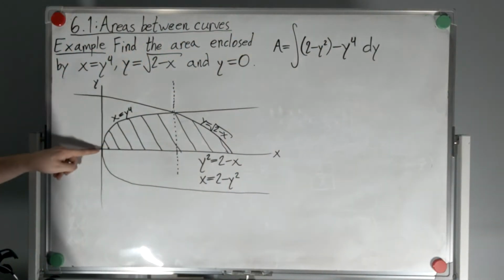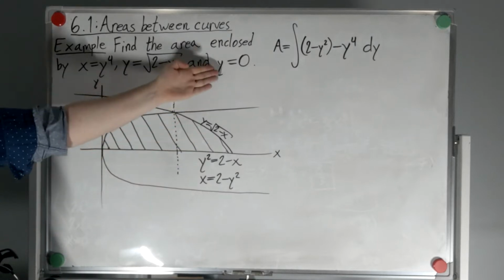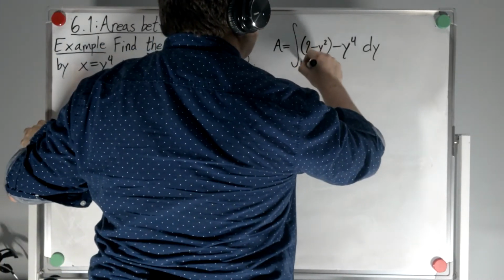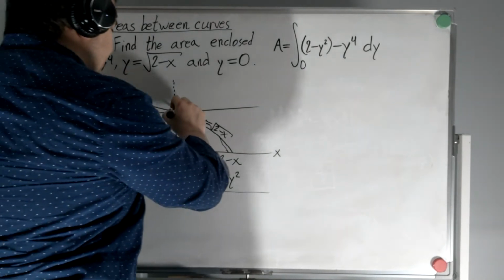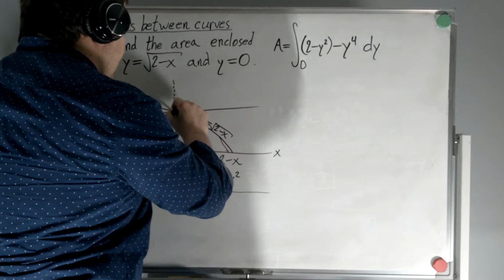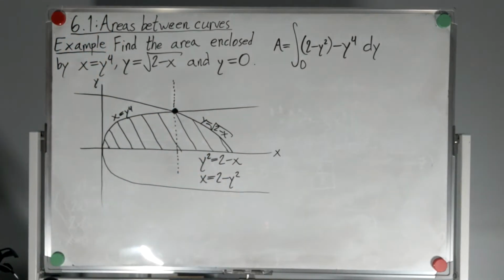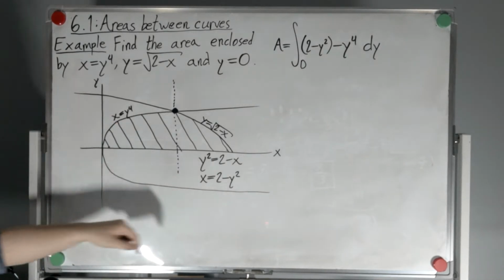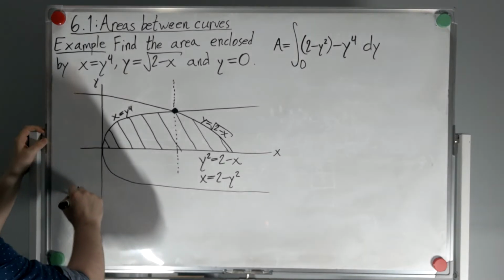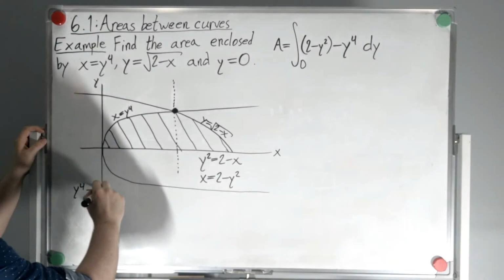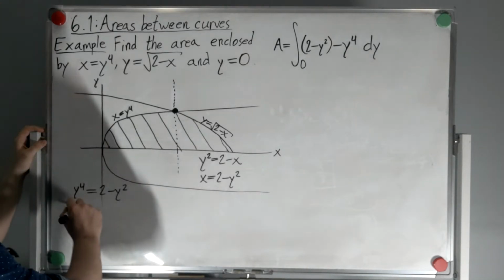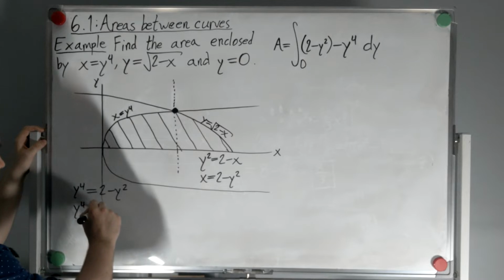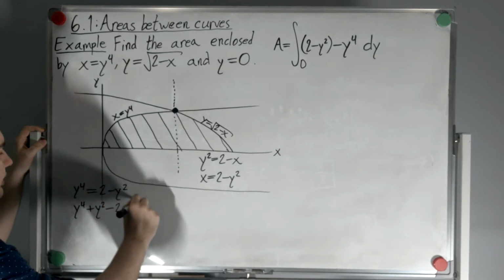The lower bound is just y equals 0, because that's where the region starts. The upper bound would be the y-coordinate of this point right here. Again, the way that we find that is we set these two functions equal to each other. So y to the fourth equals 2 minus y squared. That can be rewritten as y to the fourth plus y squared minus 2 equals 0.